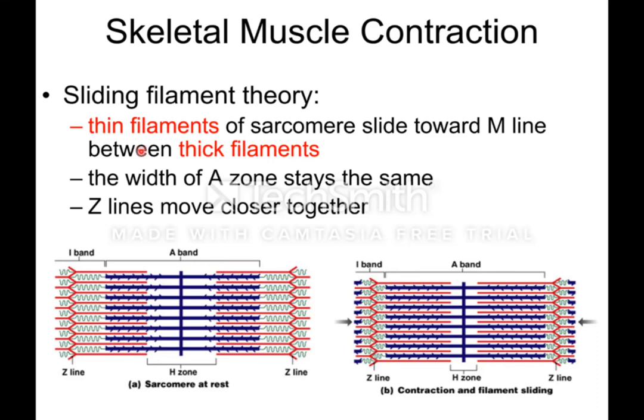In the contraction, sliding of the filaments occurs. The thin filaments of the sarcomere slide toward the M line between the thick filaments. As you see here, in the contraction the overlap between the I and A bands increases, and the length of the sarcomere decreases.